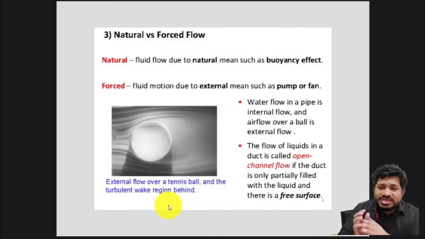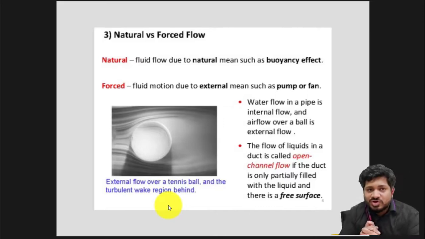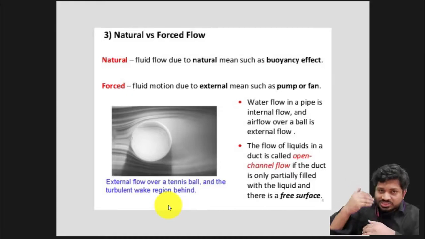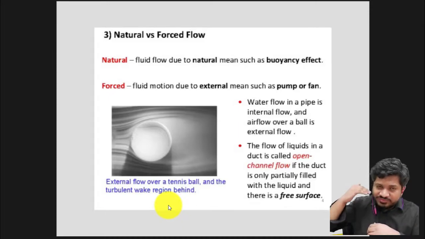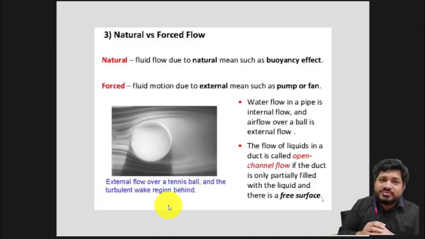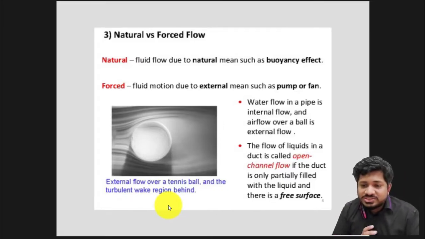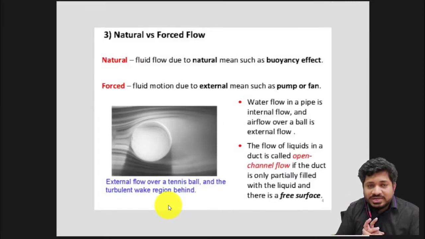Next, we move on to natural and forced flow. As the name suggests, in natural flow the flow is because of natural circumstances. Let's say gravity is causing the fluid to flow, then this is natural flow. If buoyancy plays an important role, then this is also natural flow.